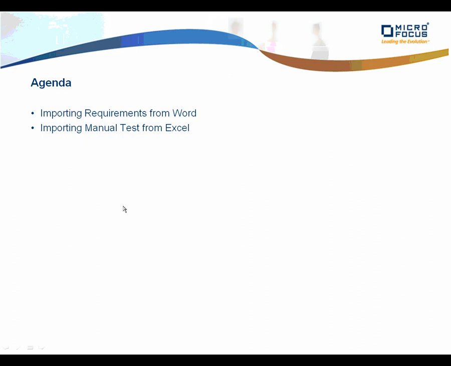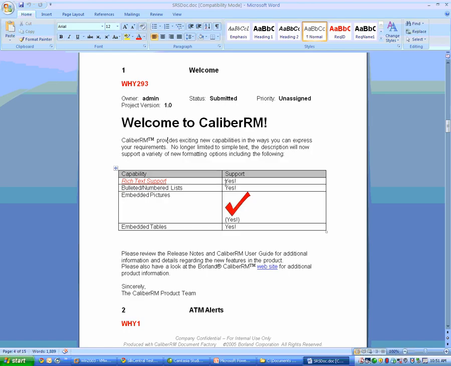We're going to start by importing requirements from Word. For importing requirements from Word, we expect the requirements to be formatted according to styles. The customer can apply any style they want to the limited things like the name, description, or attributes of the requirements.